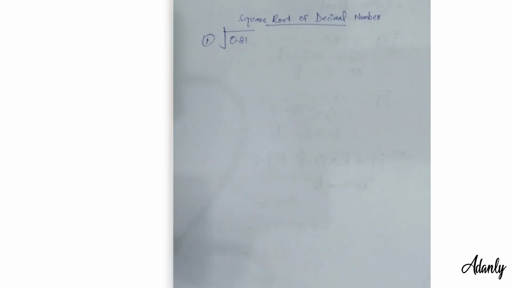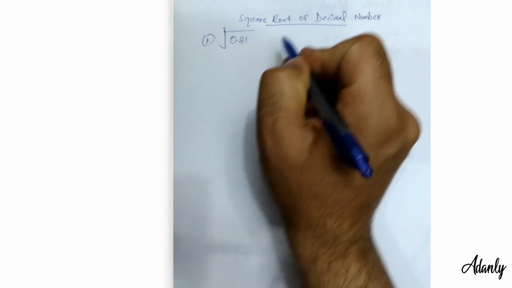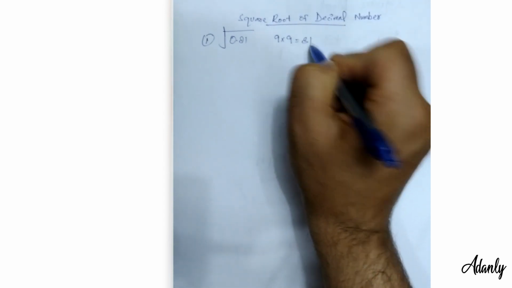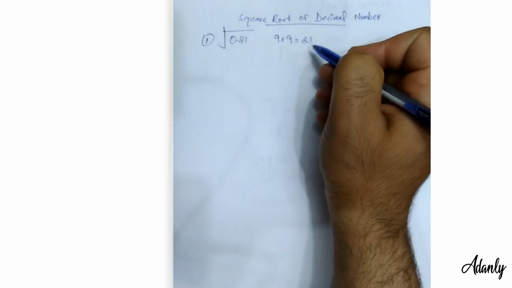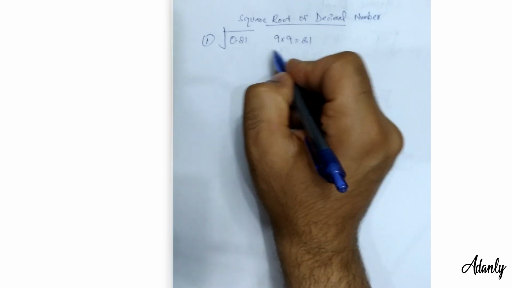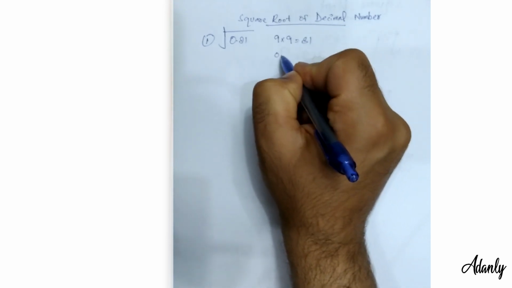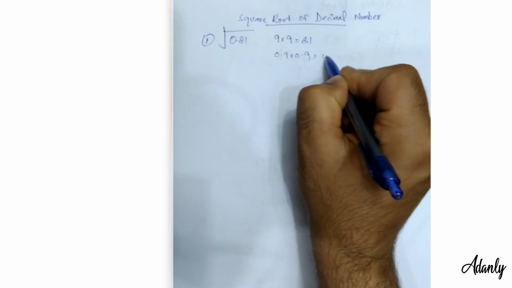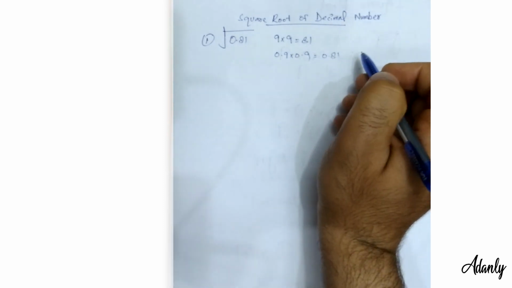What about 9 multiplied by 9? If we multiply 9 by 9, it gives us 81. So now we can also write it as, if you multiply 0.9 by 0.9, it will give us 0.81.